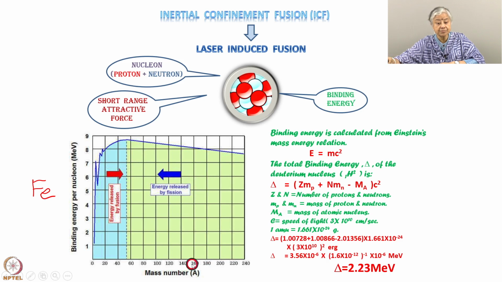There is a fission process because they are all trying to be iron here. So, they are decaying and decaying and they attain this portion.